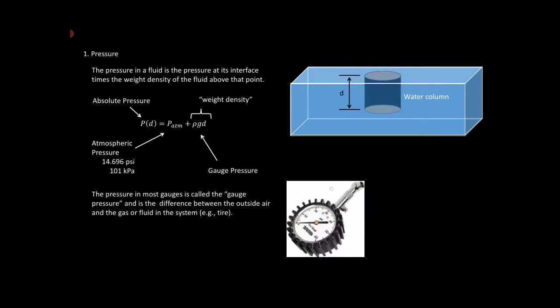Finally, we normally measure the pressure with the gauge pressure. So if you take your tire gauge and you look at what the pressure in your tire is, it's reading what's called the gauge pressure. That's why it's called the gauge pressure, because you're reading it with a gauge. This gauge is a relative pressure.